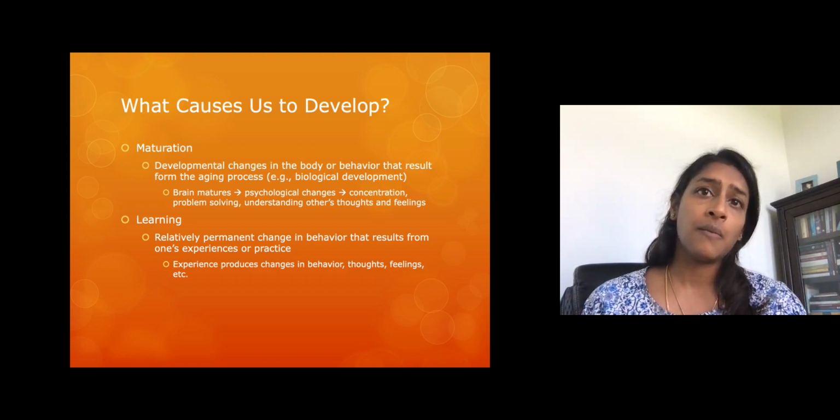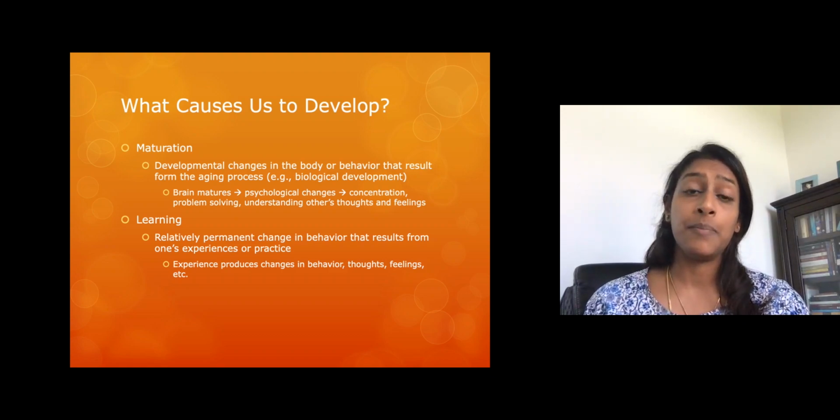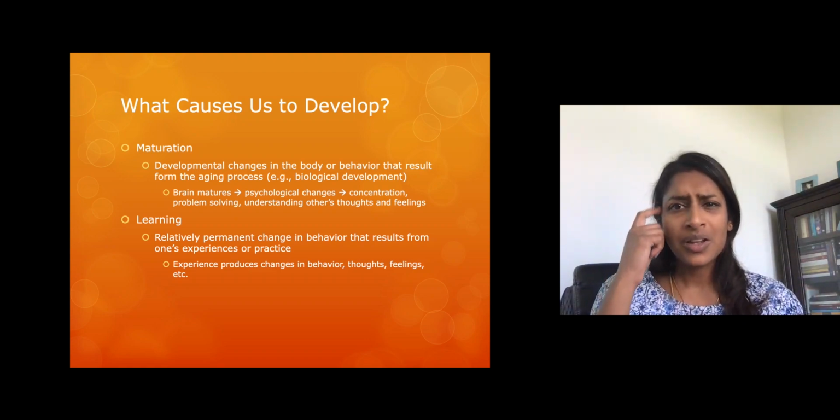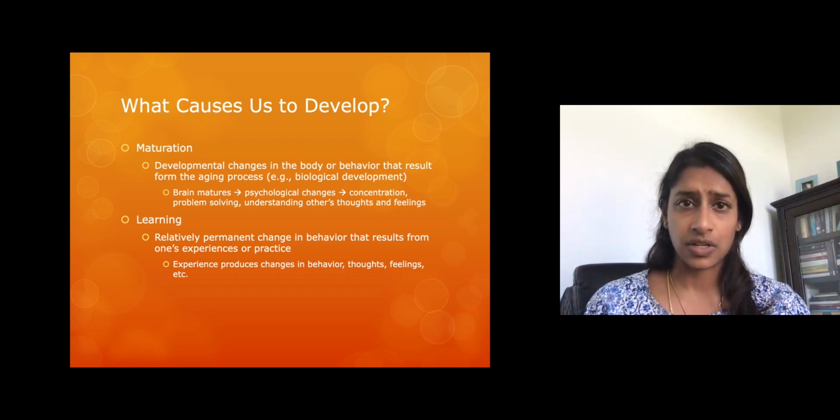And when we think about this learning and these experiences, it is a big factor in why individuals develop differently, right? So we're going to talk about general expectations of how people develop.